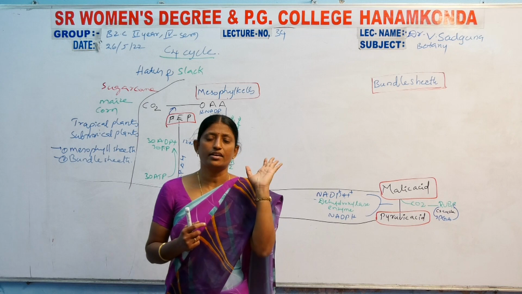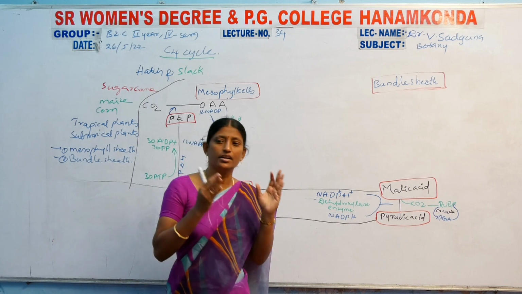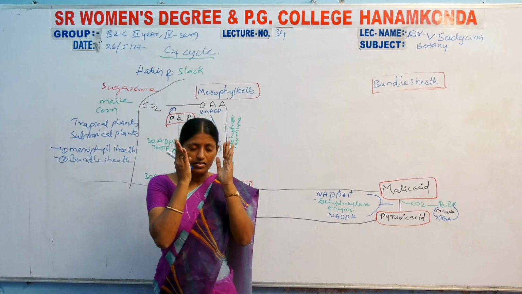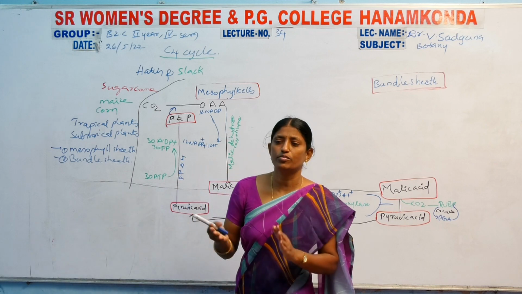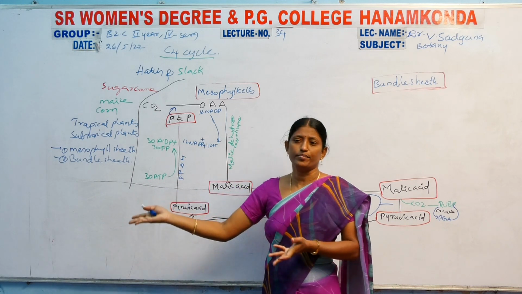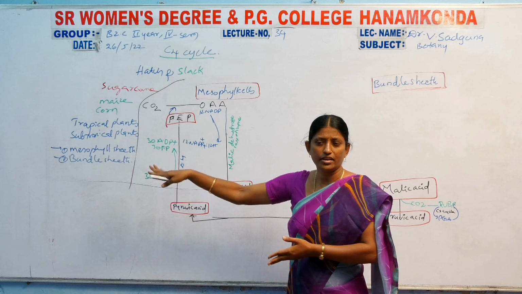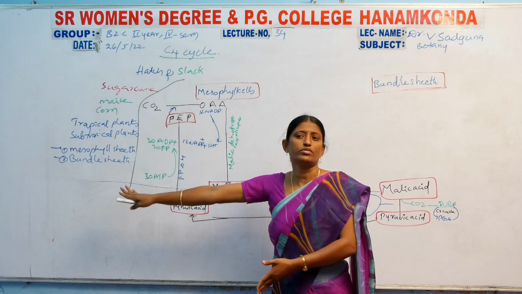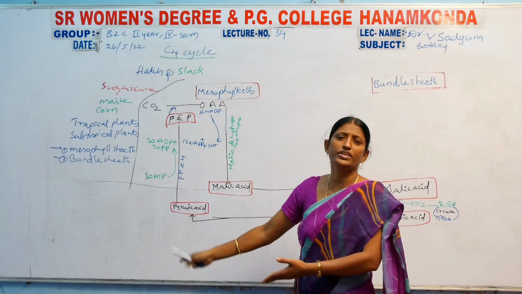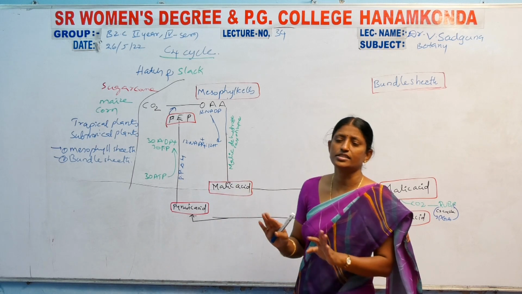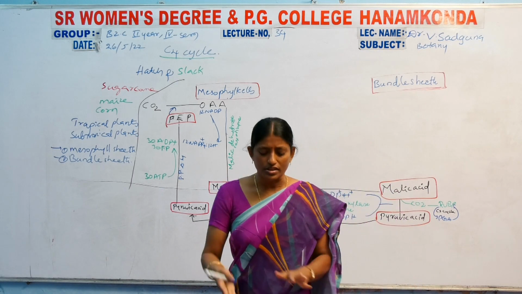That is the only standard answer. The required NADPs is 12 moles, and the formation of ATPs is 30. It is the simple kind of answer.